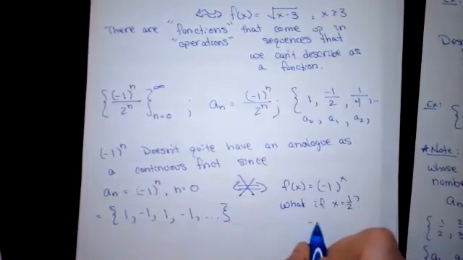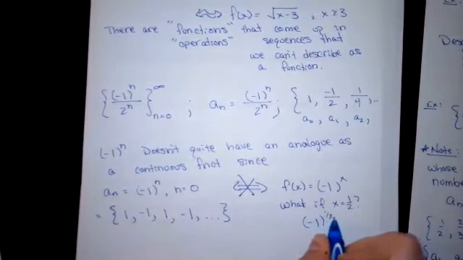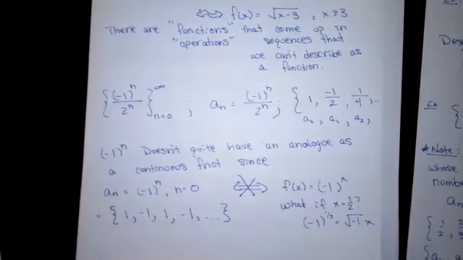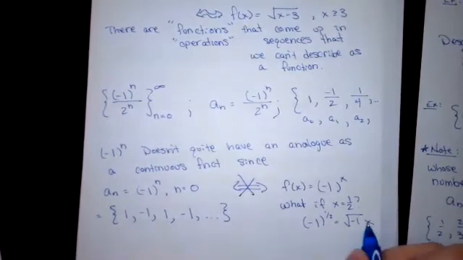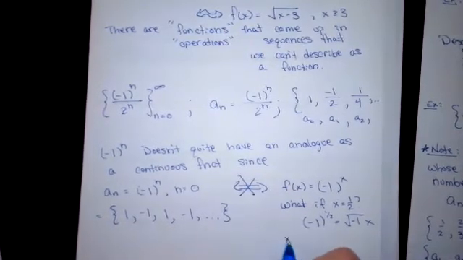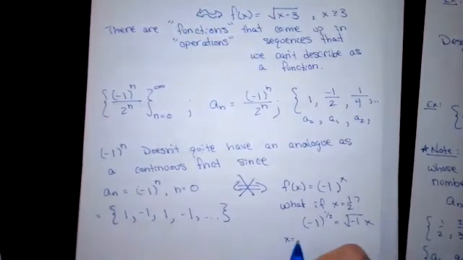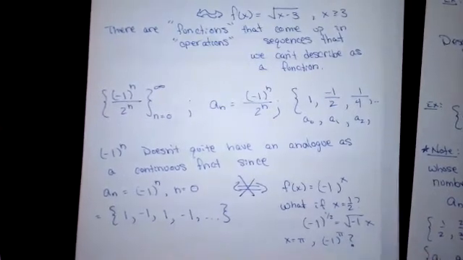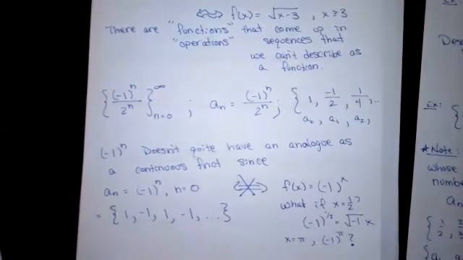Then we have negative 1 to the 1/2, which is the square root of negative 1, which we can't do. Or even more crazy, what if x is pi? What is negative 1 to the pi? We can't quite do that.